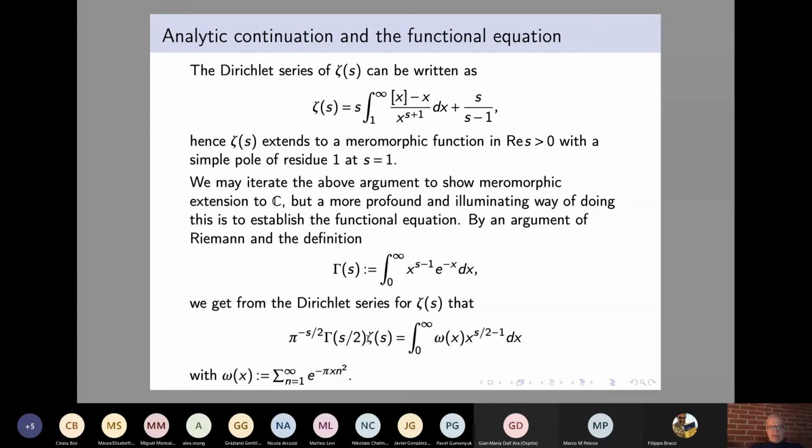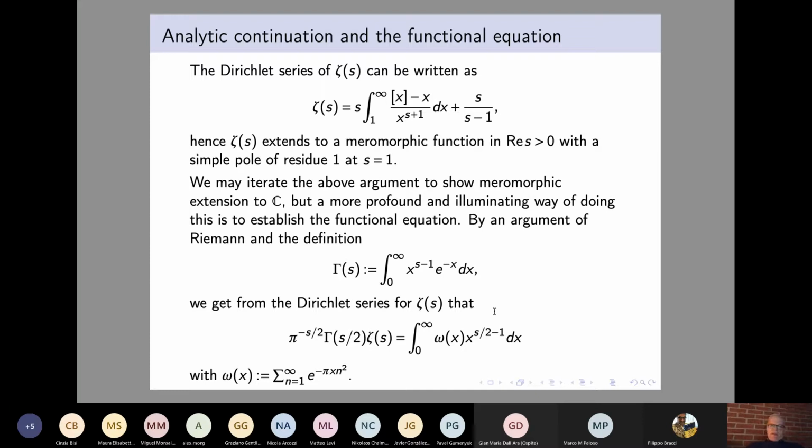So we get zeta times this gamma factor is just the integral from 0 to infinity of a function omega of x, where omega of x is the sum of these Gaussians, e to the minus pi x n squared, where each term corresponds to the terms of zeta in the Dirichlet series.